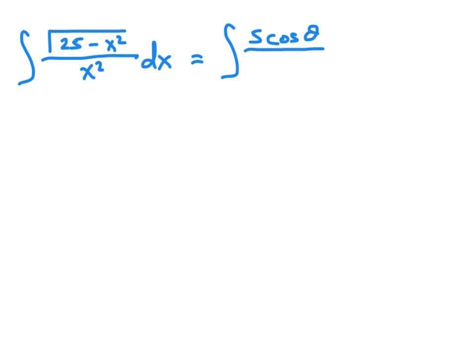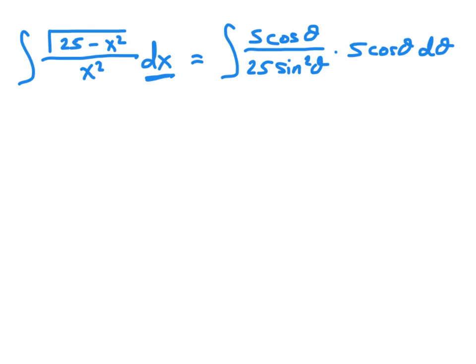In the denominator, we're going to have 25 sine squared of theta, the value of x squared. And we always need to remember to multiply by the expression for dx. In this case, we know dx is equal to 5 cosine theta d theta, and that gets tacked on at the end. And so this is our new integral in terms of theta.